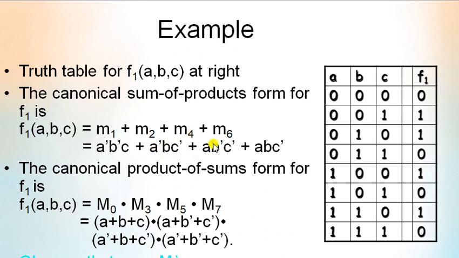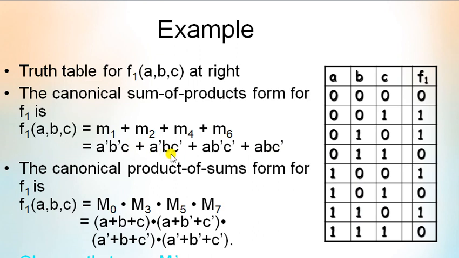And for m4, 0, 1, 2, 3, 4, m4 is 1, 0, 0. The binary value for m4 is 100, so we write A B dash C dash, plus m6. For m6 we write A B C dash.